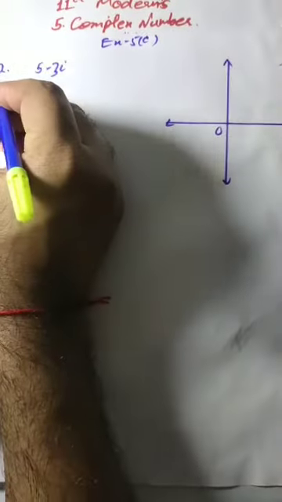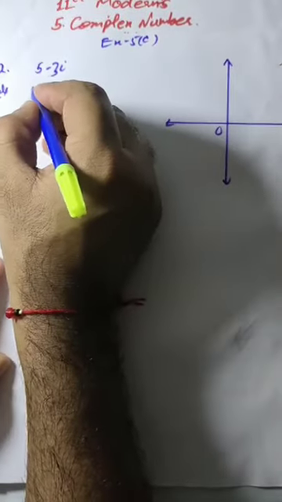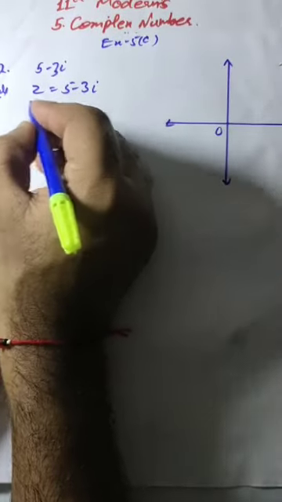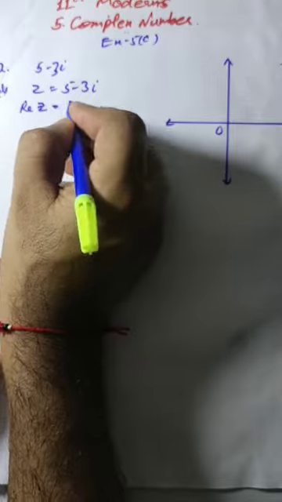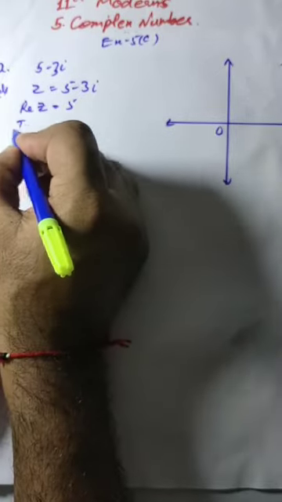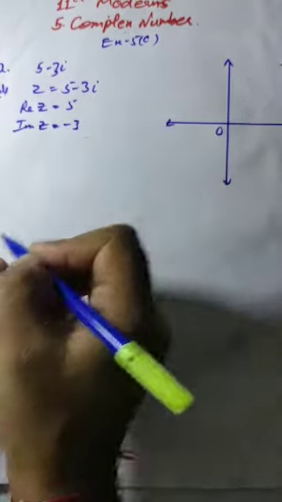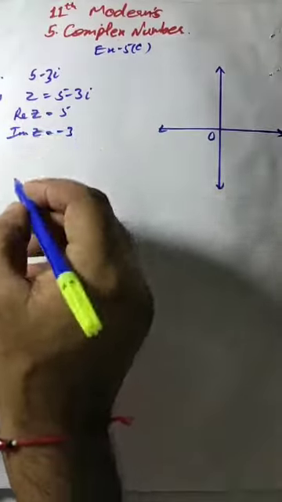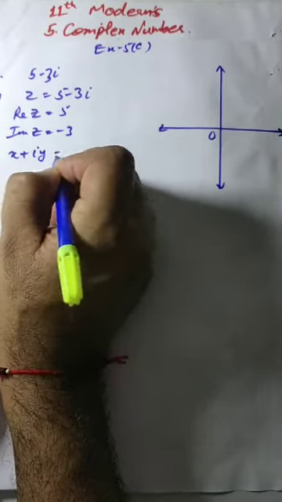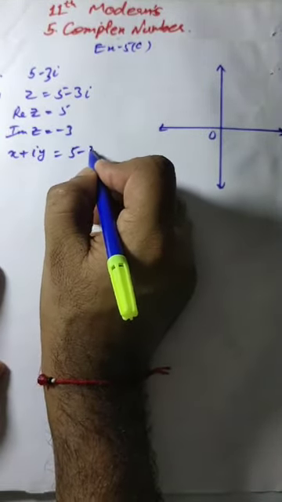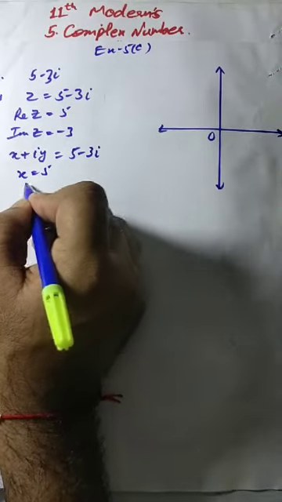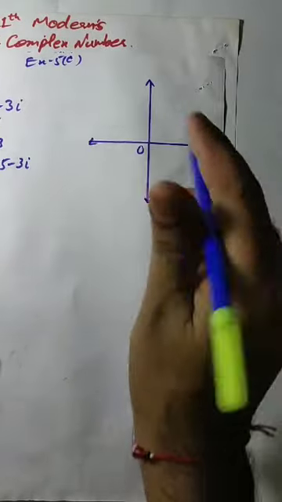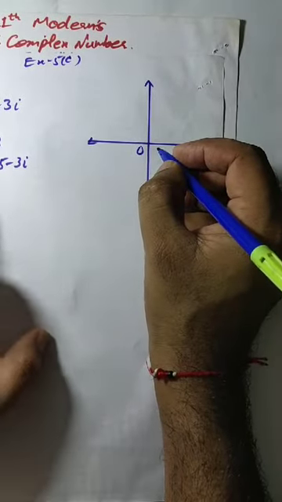As we know that in the complex number z is equal to 5 minus 3 iota, the real part of z is equal to 5 and the imaginary part of z is equal to minus 3, because the real part of z lies on the x-axis, or we can compare this complex number with x plus iota y, where x is equal to 5 and y is equal to minus 3. So we can take here the value of x is 5.